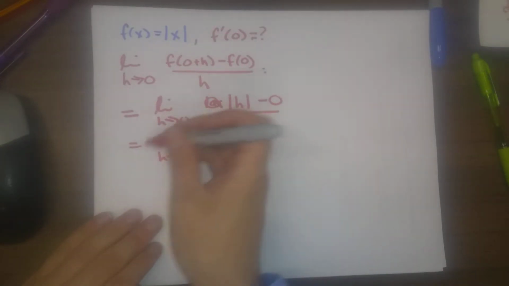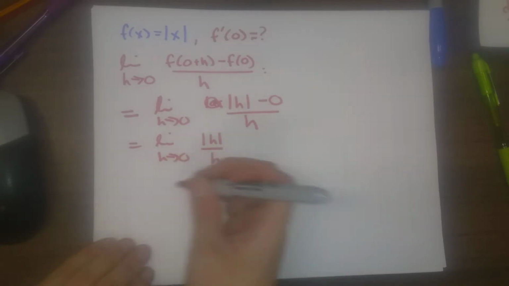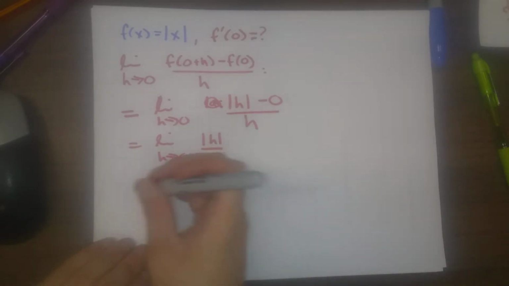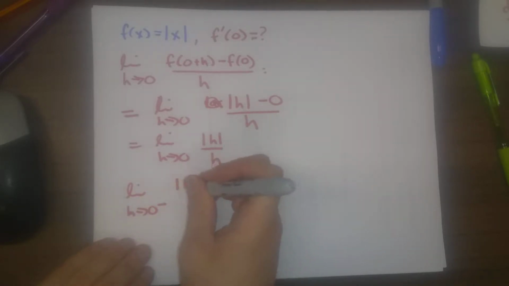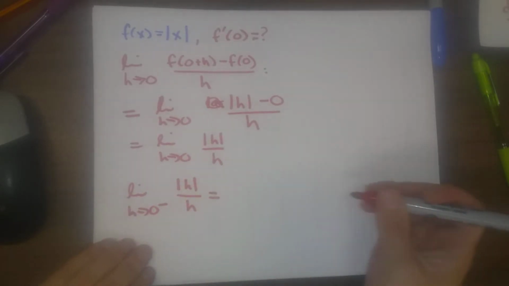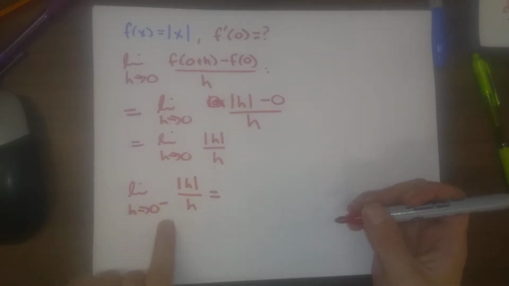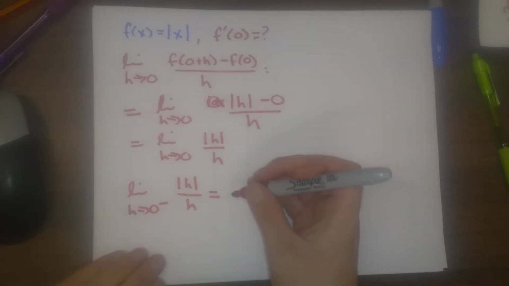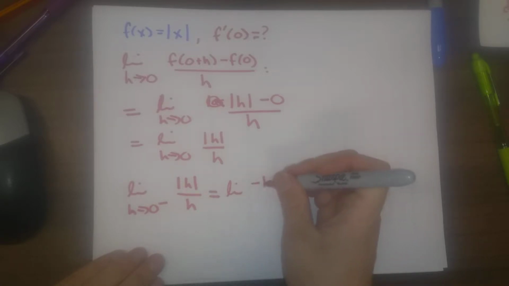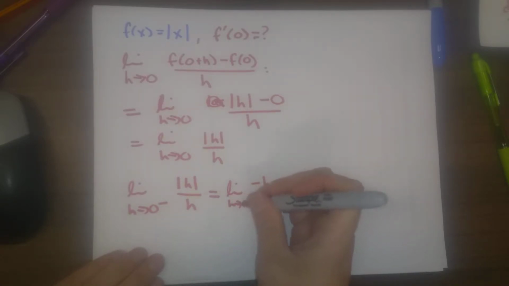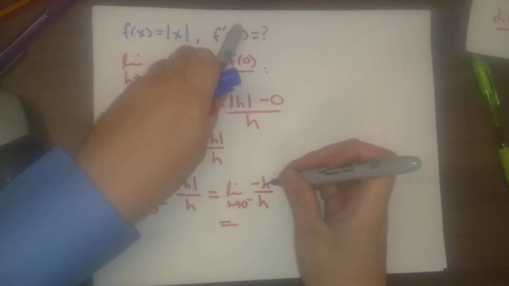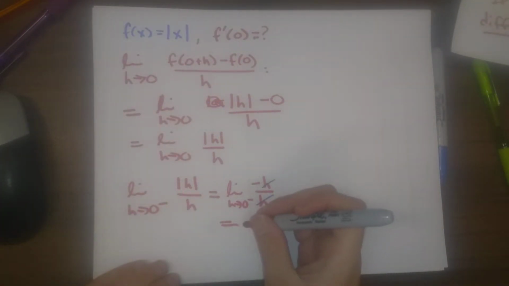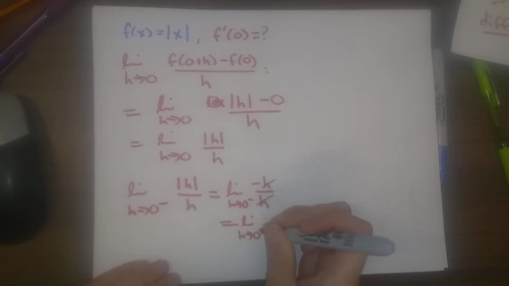And so what's going on with this limit is that we need to consider the two one-sided limits here. The limit as h goes to 0 from the left of the absolute value of h over h. So this is when h is negative, so the absolute value of h is negative h. And those cancel, and we're left with the limit as h goes to 0 from the left of minus 1.